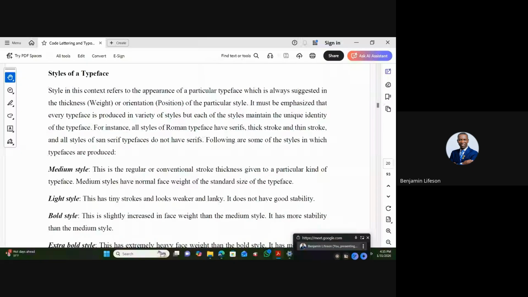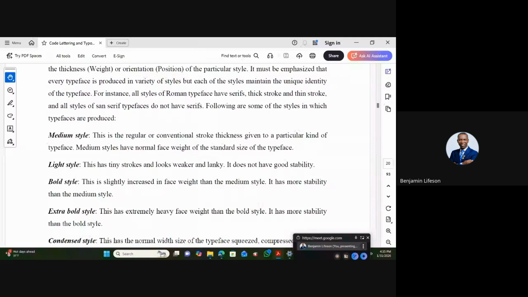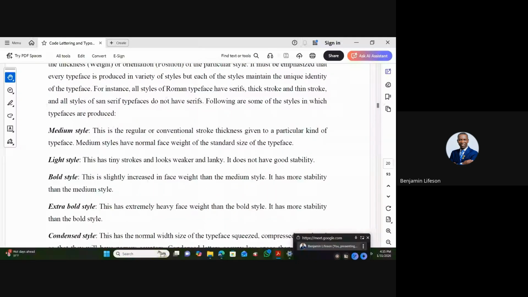It's just like looking at the appearance of human beings. Some are thin, some are cute, some are fat. They say we shouldn't call them fat.